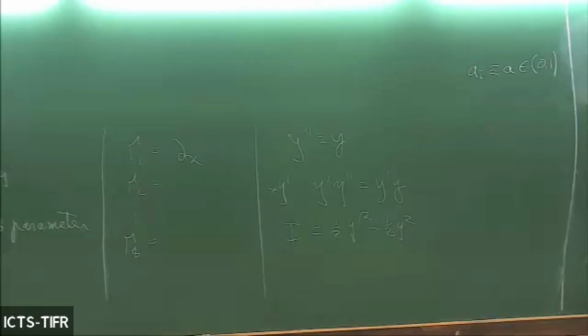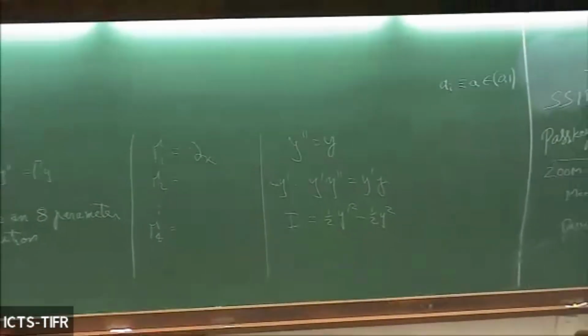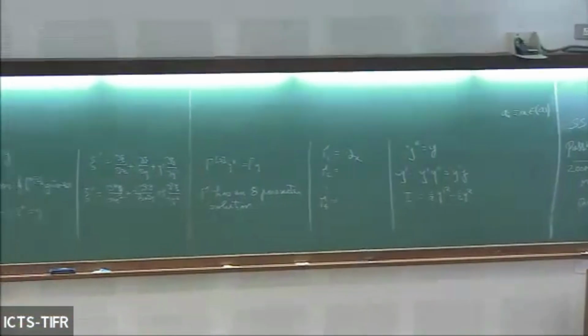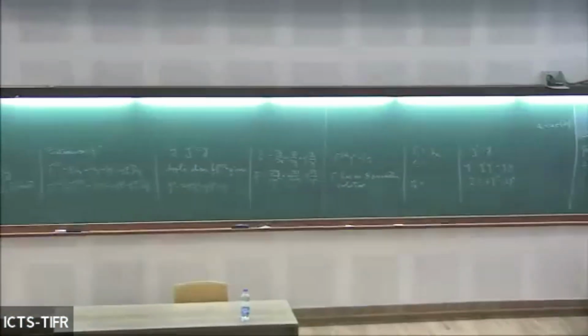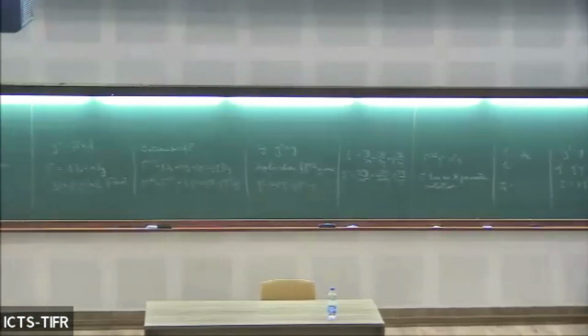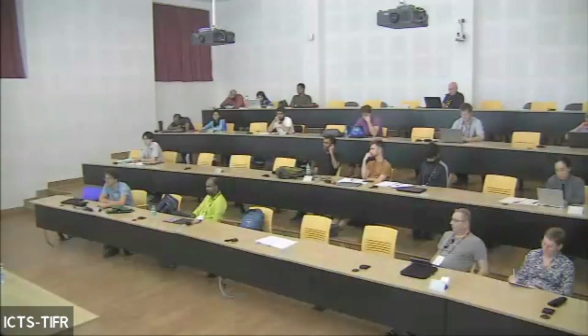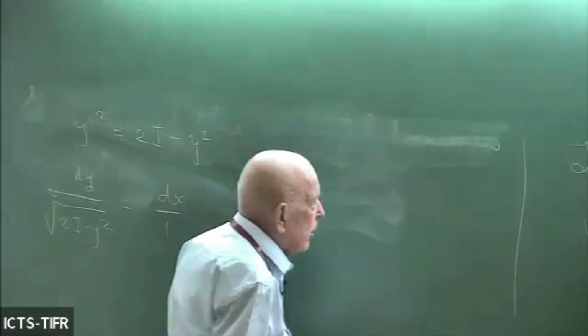So you've got y prime squared is 2i minus y squared, so that dy is square root of, so you can integrate.